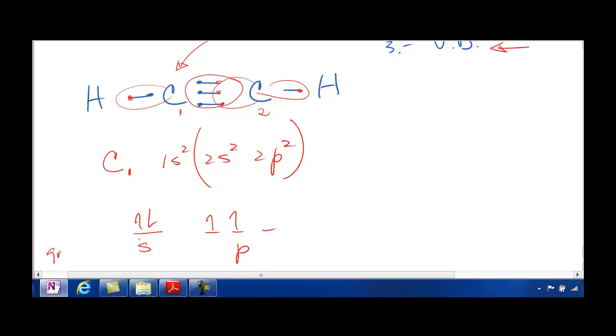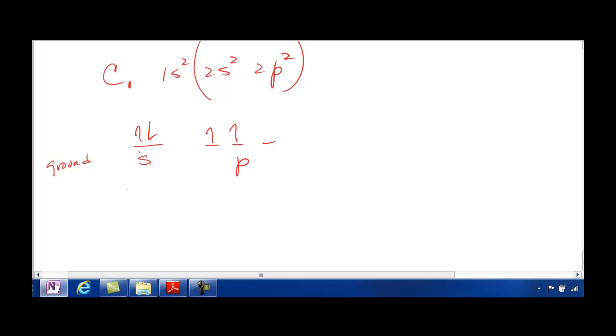That's my ground state. Then I excite it, and I move that one there. That's still carbon that hasn't combined with anybody. It's just carbon in the excited configuration. I promote an electron from the s into the pz.